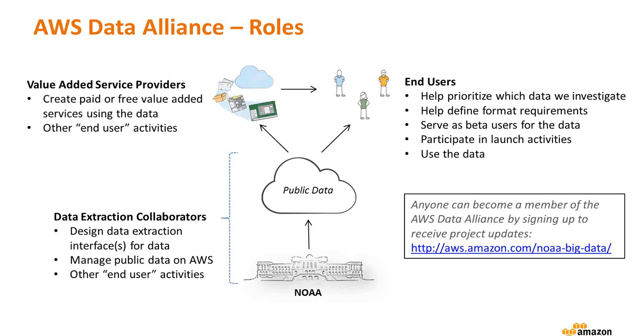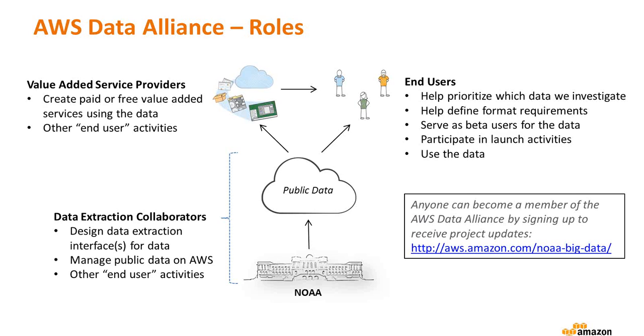Now, the last category or role as part of our data alliance is the one that's just a little bit more particular to this project. And those are the data extraction collaborators. We will be working through this research agreement on getting data that currently resides in NOAA's firewalls, pushing it out to the public cloud, and then making it available in a really well-documented, maintained way so that those value-added service providers and end users can use it rapidly to do what they want to do.